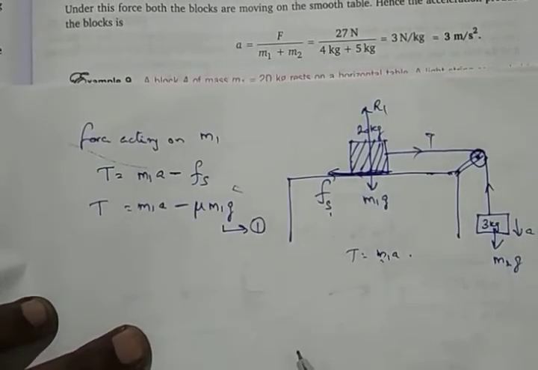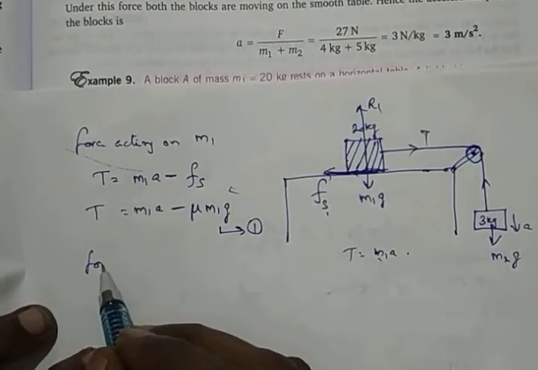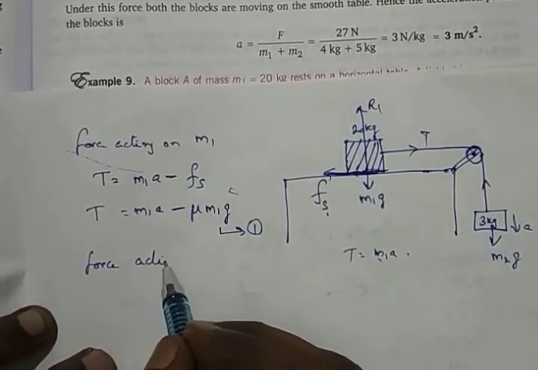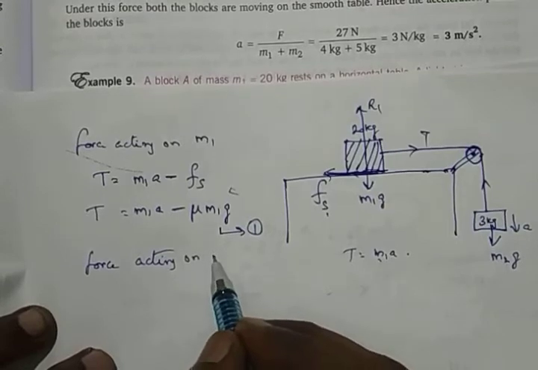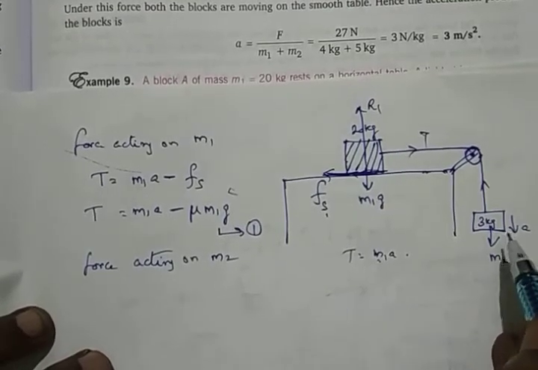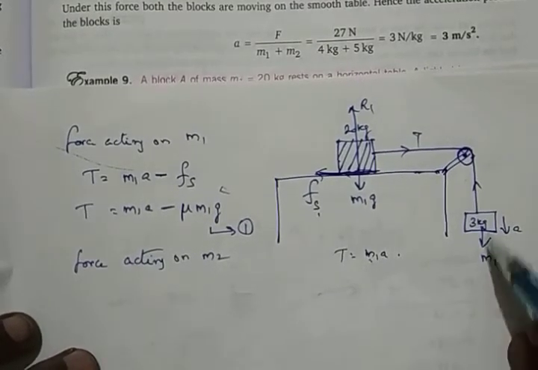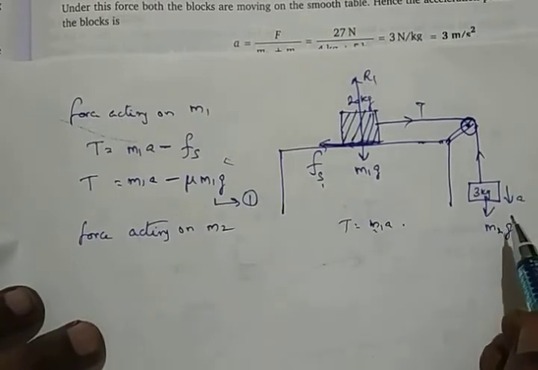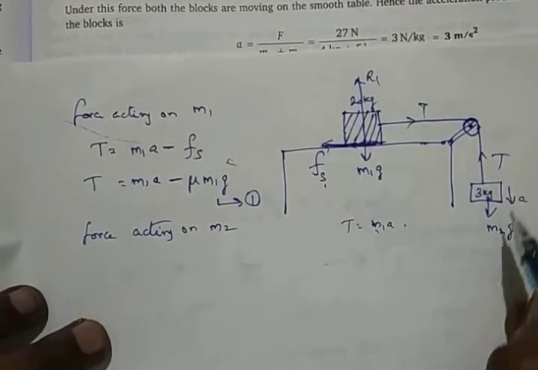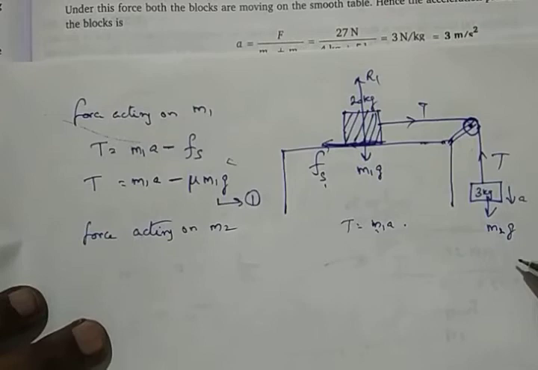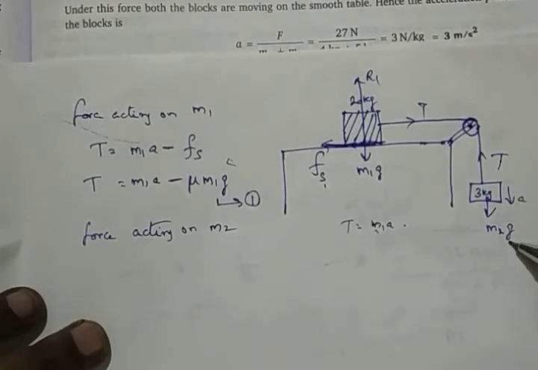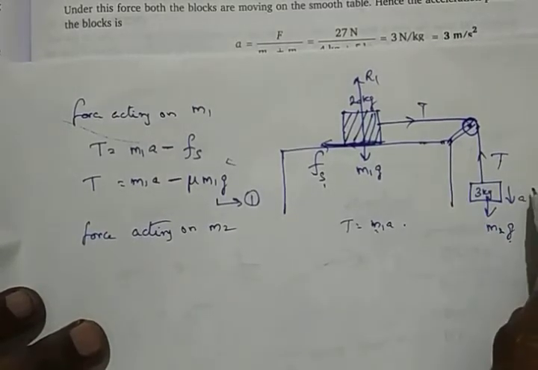Equation number 1. Next line. Force acting on m2. This one minus this one. This one we already know how to do. Because this is tension, and which direction is m2g going? Which will be greater, tension or m2g? And there is no friction here.